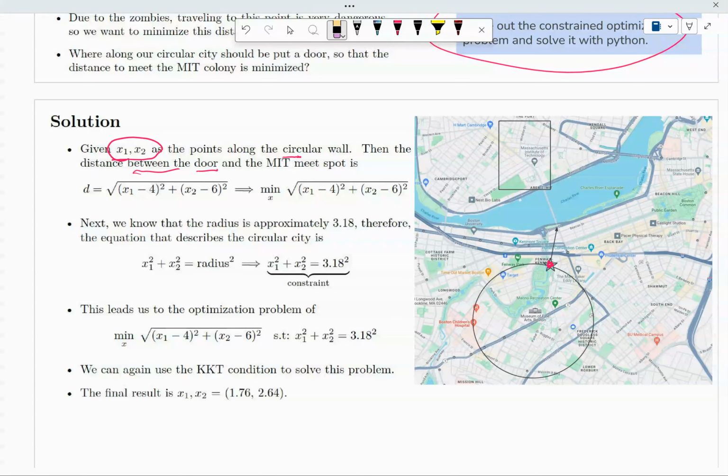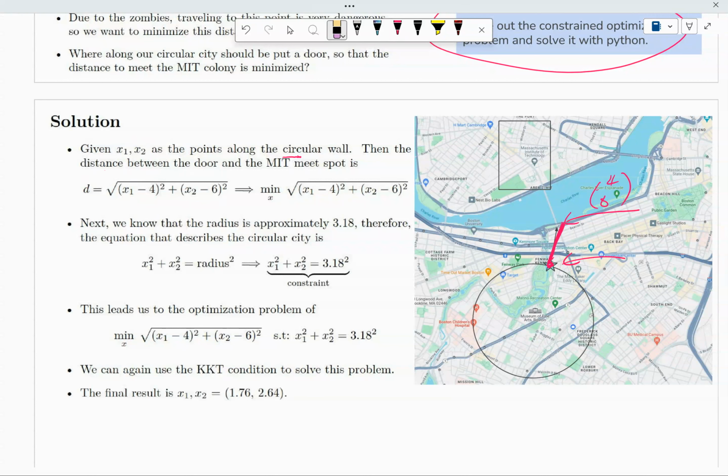So if we know this point is 4, 6, then the distance between them is x1 minus 4, x2 minus 6, and square of that. This is the equation of a distance essentially.